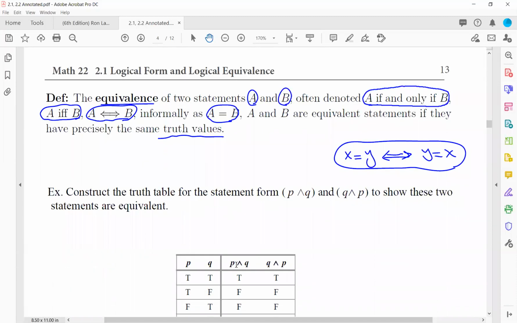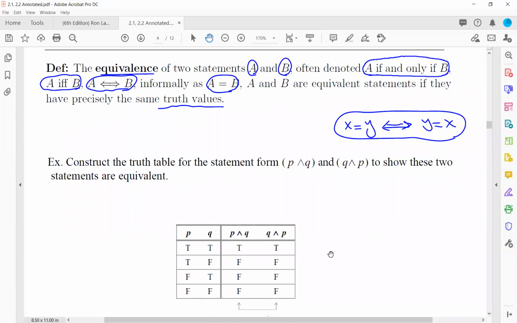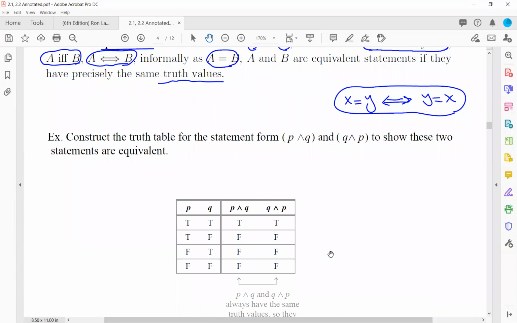Let's go over some examples to feel more comfortable about the topic. Example: construct the truth table for these two statements, P and Q, Q and P. So what if we switch the order? Okay, P and Q. First of all, we list the original statements, P, Q. How many combinations?